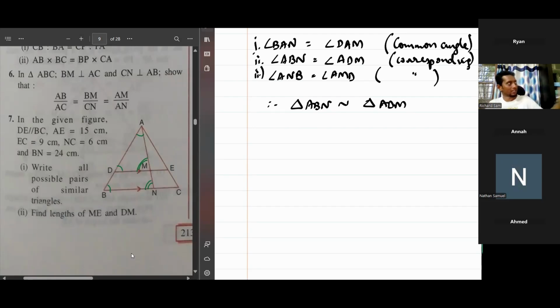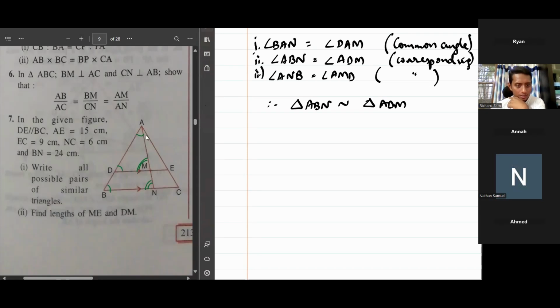So which other triangle is similar? ADM and ABC? If you're going to C, then E. ABC and ADE.